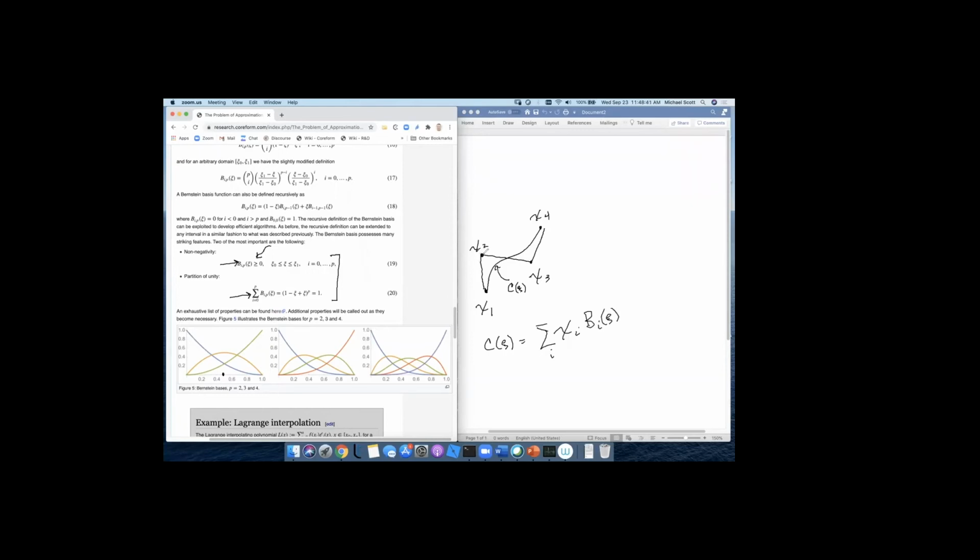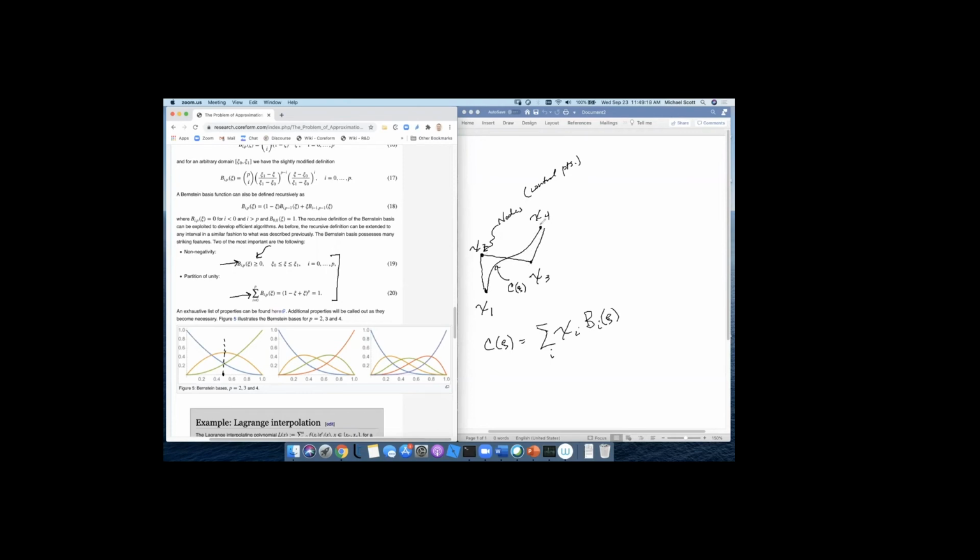But notice the nodes, these are what we were calling nodes before. Notice the nodes now in the CAD world are called control points. They no longer interpolate the curve. It's non-interpolatory because you don't have this Kronecker delta or strong interpolation property, because all three functions are non-zero. So you can kind of think of a Bezier curve as essentially tracing out the weighted average of the nodes.